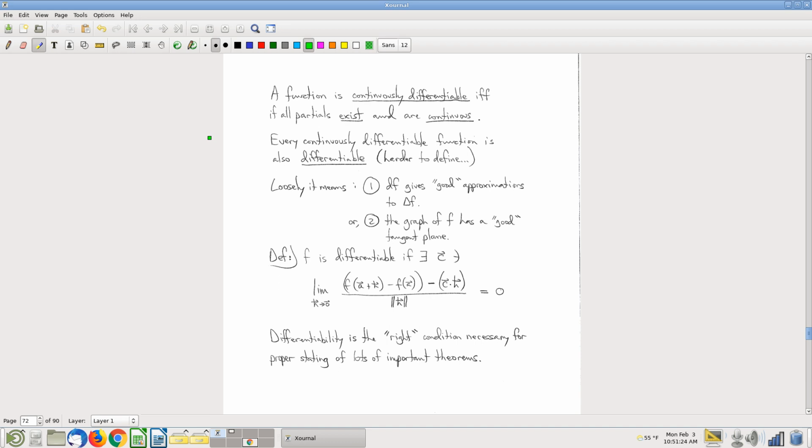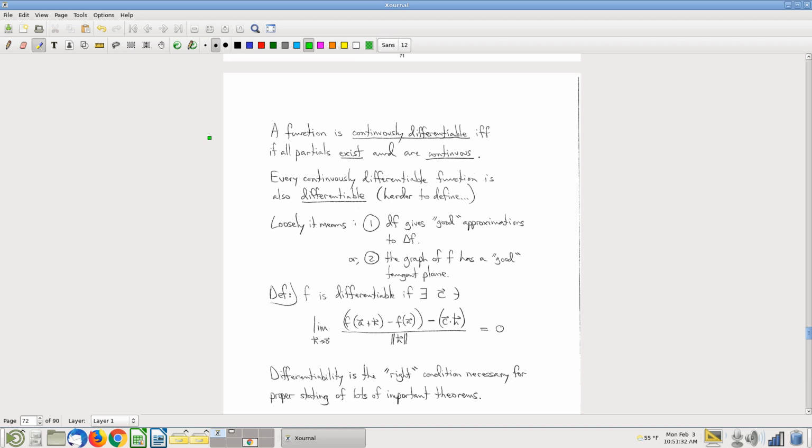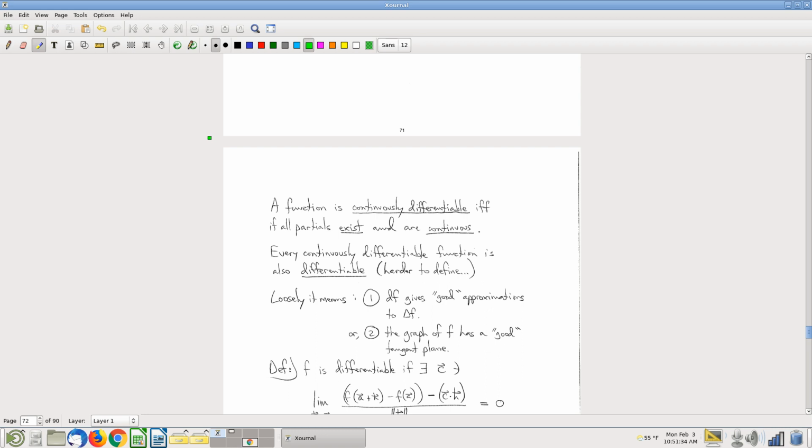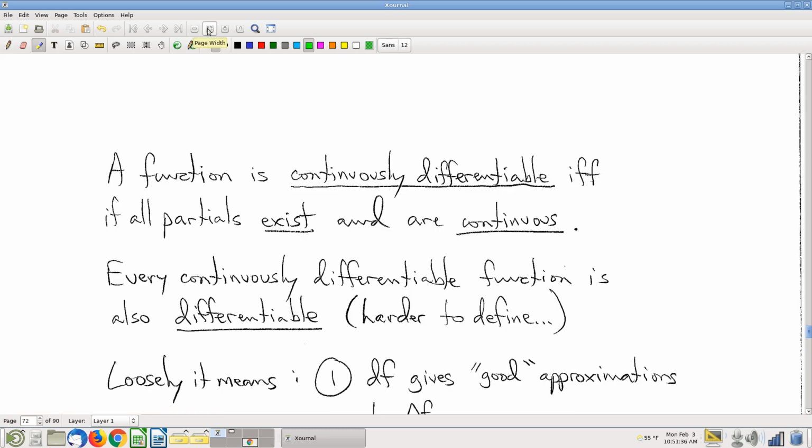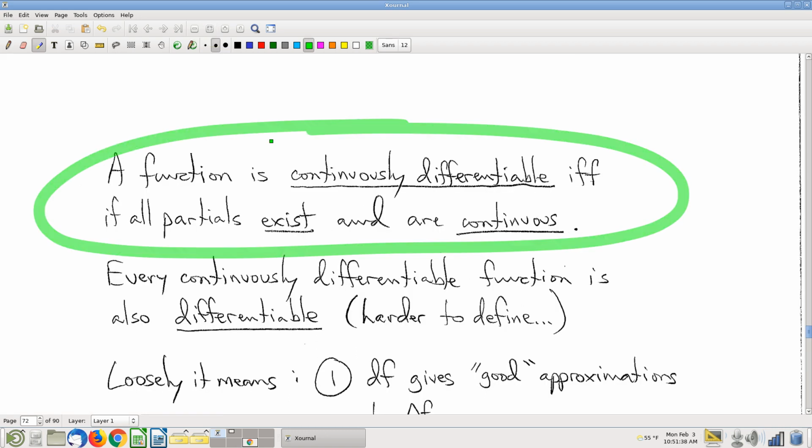Okay, so let me first hit the broad strokes of what you actually need to know in a class like Math 212. The first thing I need you to understand is this thing called continuous differentiability. A function is continuously differentiable if it satisfies two conditions. All of the partial derivatives have to exist.